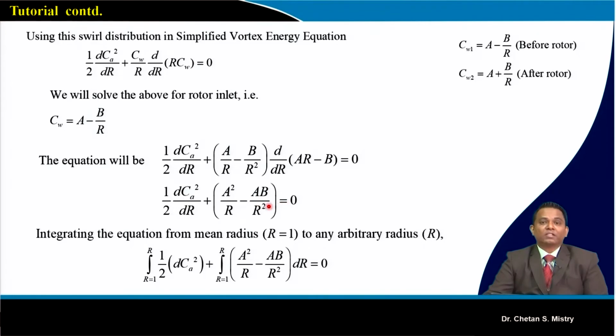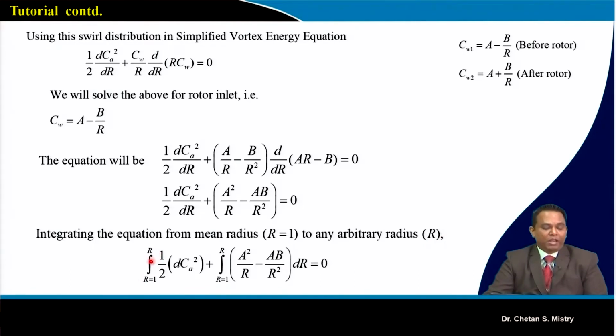You can understand that this does not come to be 0. That means we need to calculate the variation of axial velocity for a particular station. For the sake of simplicity, we consider the mean radius. We know that R by Rm is 1, so I put this as one limit, and the arbitrary radius I say is R.